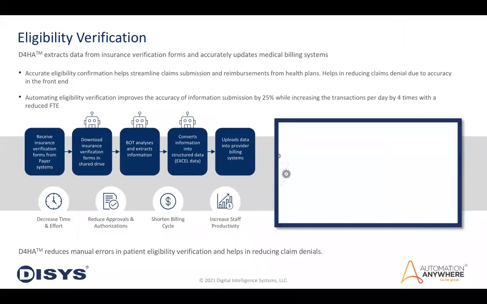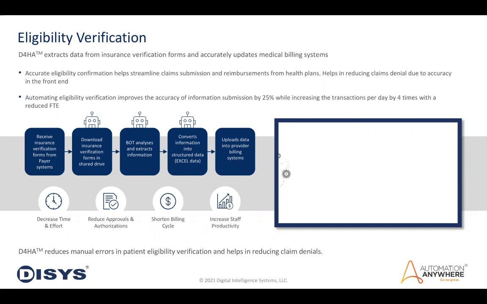Let's look at the second one, which is the eligibility verification. And this is again a very critical thing from insurance verification, because accurate eligibility confirmation, we can help streamline claim submission and reimbursements from health plans. So we hope that it helps in reducing claims denial, which is a big problem with the providers right now.